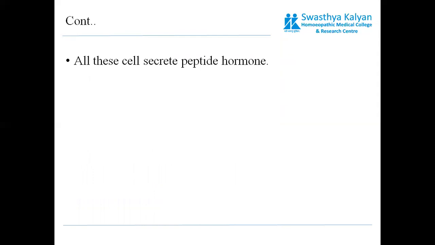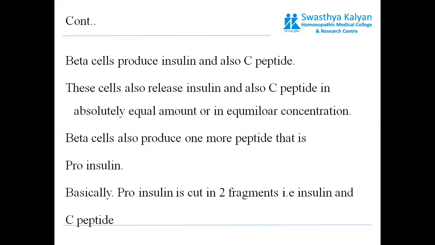The most notable secretion of the beta cell is insulin. You must remember this. It also produces some other things.